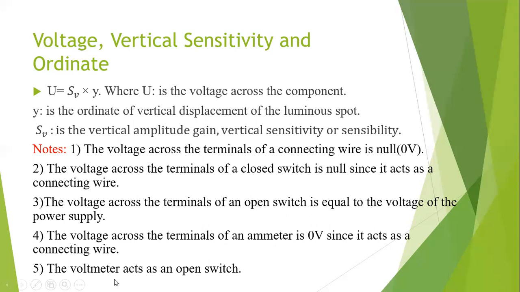The voltage across the terminals of an ammeter is 0 volt, since it acts as a connecting wire and has a negligible resistance. The voltmeter acts as an open switch.